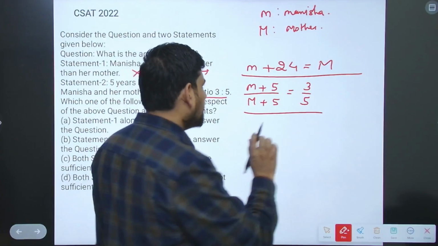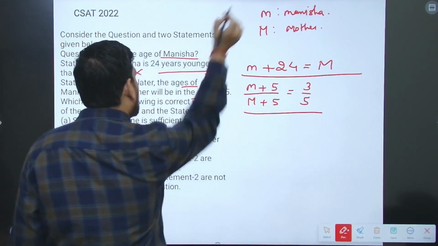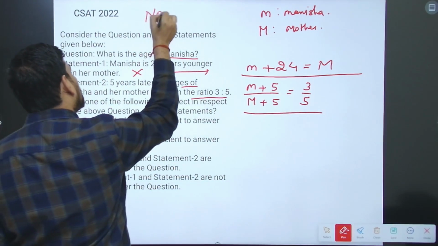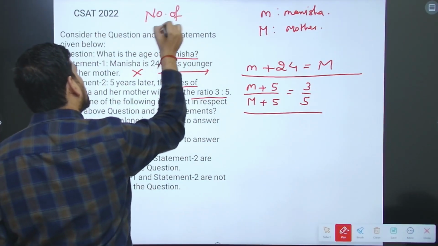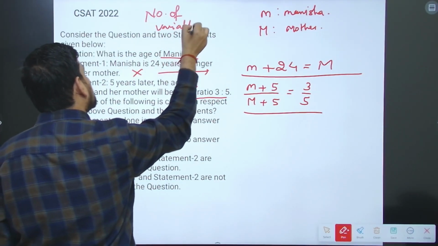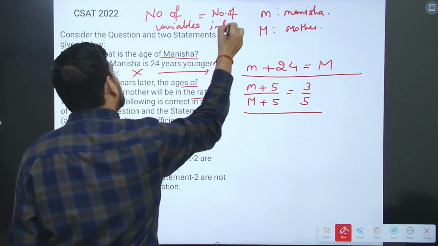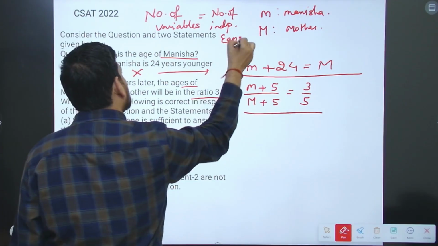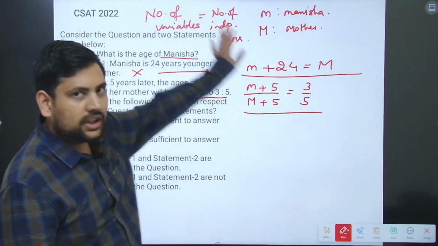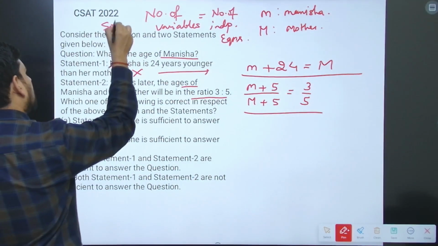Now, if you see the second statement alone, it has two variables, small m, big M. One thing you must be knowing is that you can only solve when the number of variables is equal to the number of independent equations. Then only something can be solved.